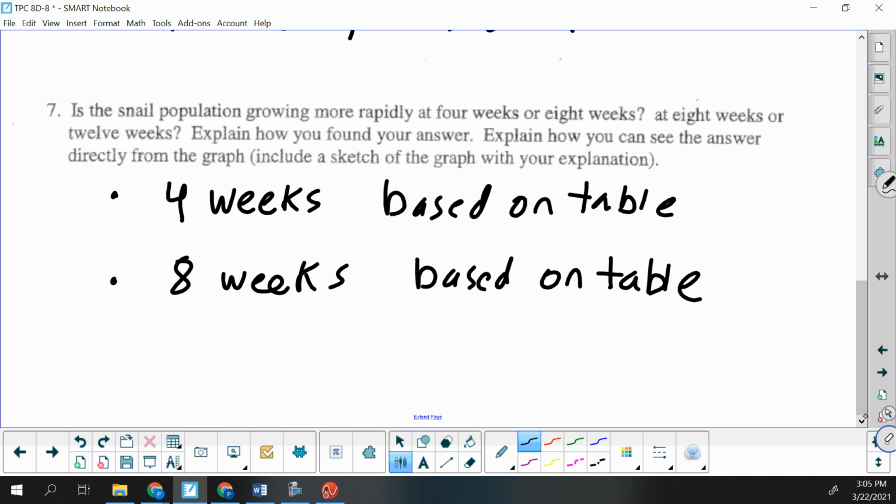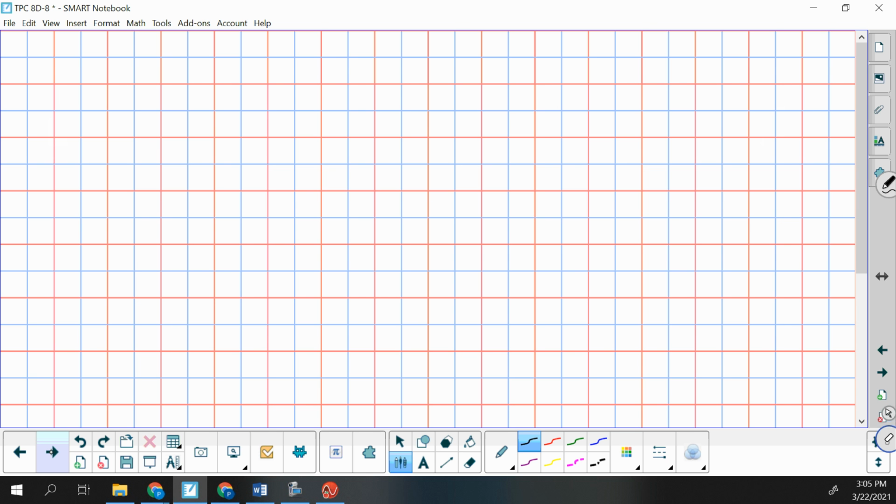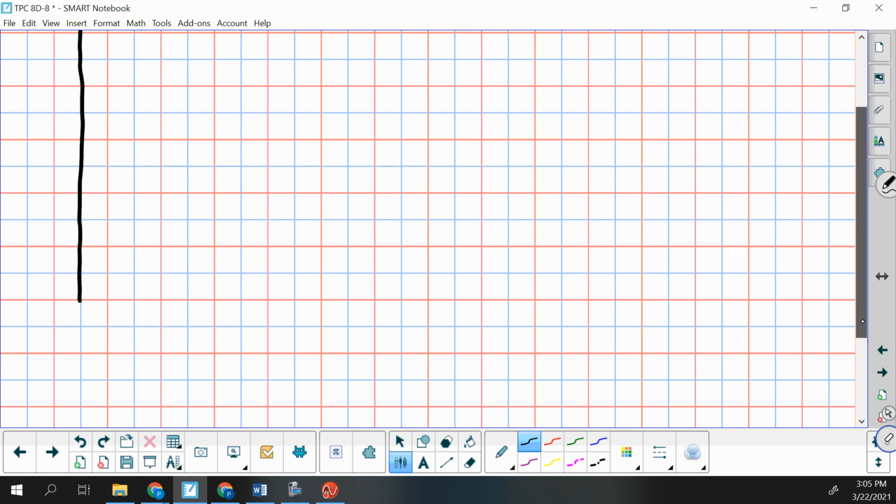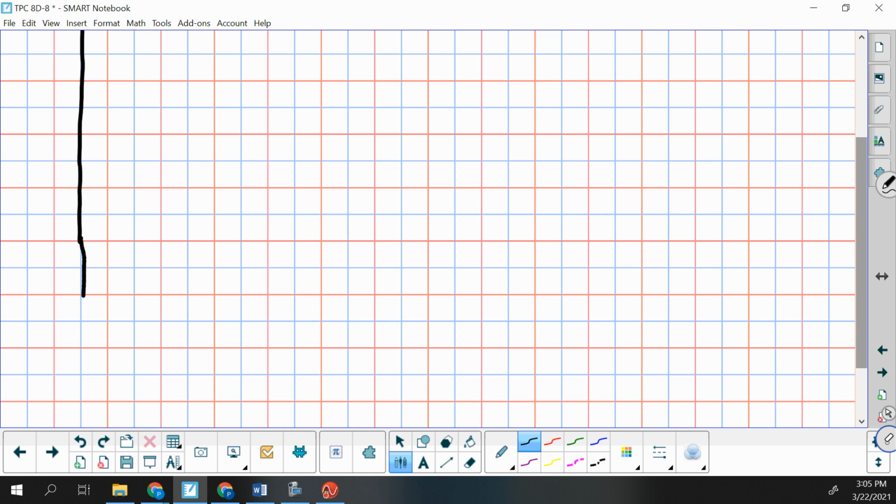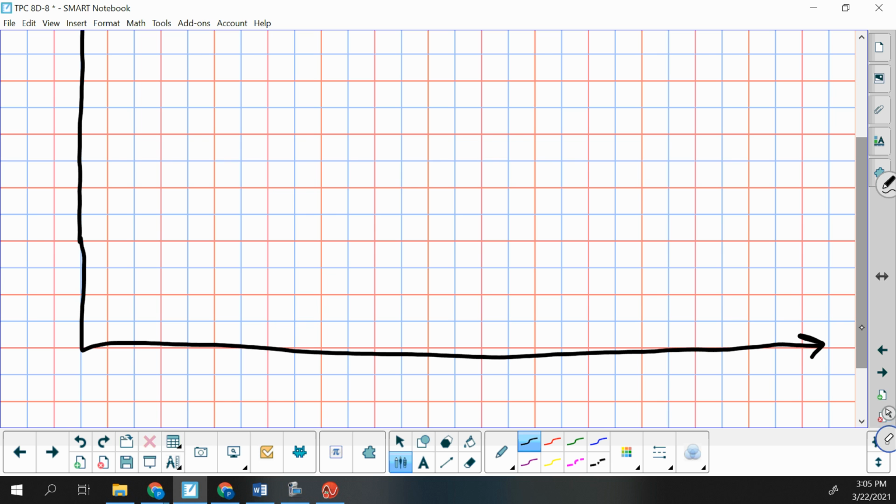So what we're going to do now is on the next page, you have a grid, and you are going to graph for the first 18 weeks. So now we need to get up to 200. So we're going to use this whole grid. Down on the x-axis, we're going to put our weeks, and over here, we're going to do our population.